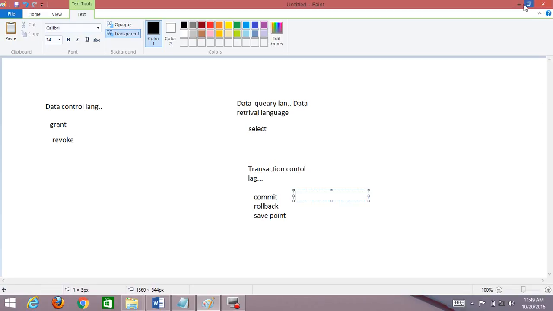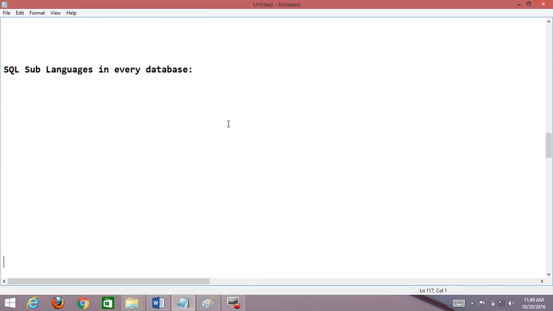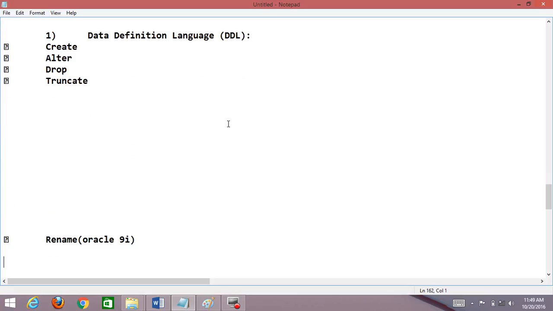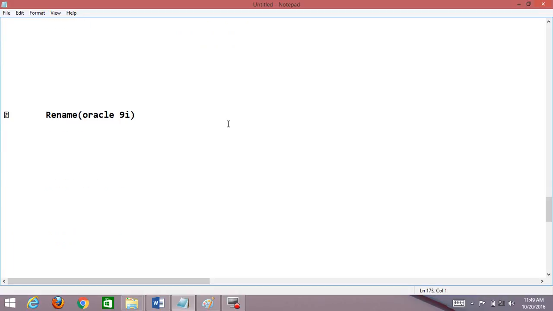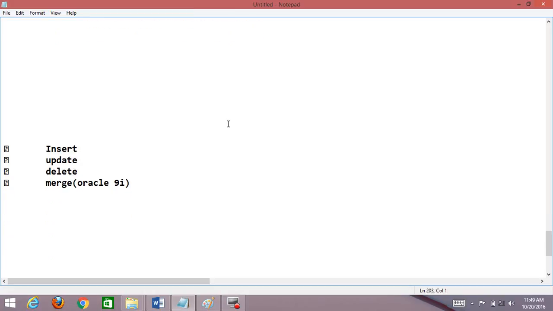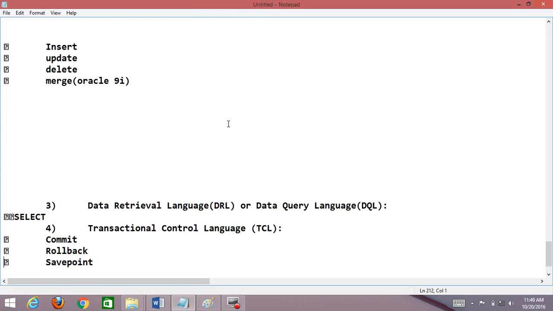This is about the basic SQL. Please define and observe it carefully. Data definition language: create, alter, drop and rename. Rename came in 9i. Data manipulation language: insert, update, delete and merge.